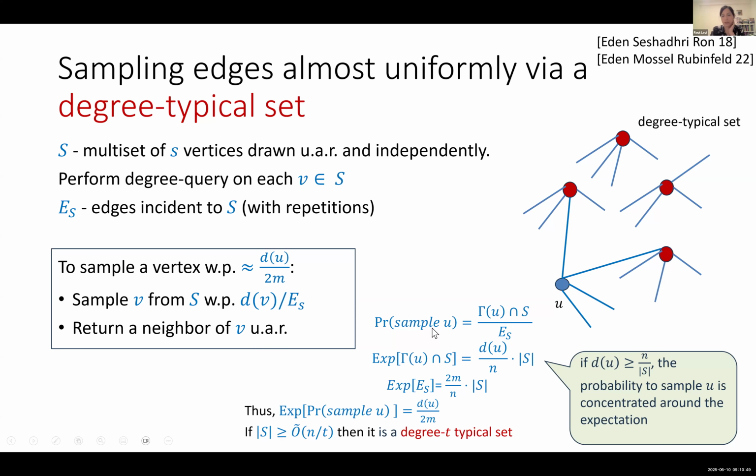The probability to sample a vertex u equals the size of the intersection of the neighborhood of u with the multiset S, over the total number of edges which are incident to the set S. In expectation, the size of the intersection of the neighborhood of u with the set S equals the degree of u over n times the size of S. And the expected size of E_S is the average degree times the size of S. Therefore, the expectation of the probability to sample a vertex u equals the degree of u over 2 times the number of edges in the graph.